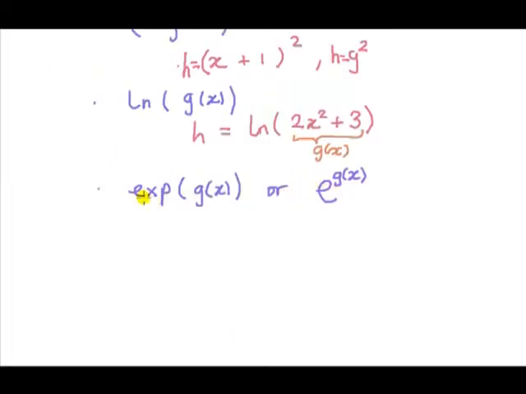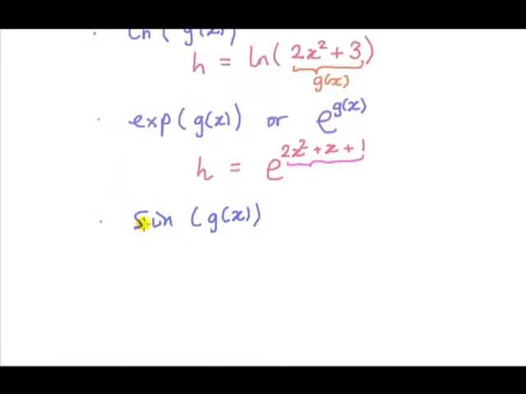Another pattern is using the exponential function, the exponential of a function g(x), which may be written like this, but this is tidier when g(x) is a long expression. For example, h is equal to the exponential of a quadratic, and the g here is the quadratic bit, and the f is the exponential.